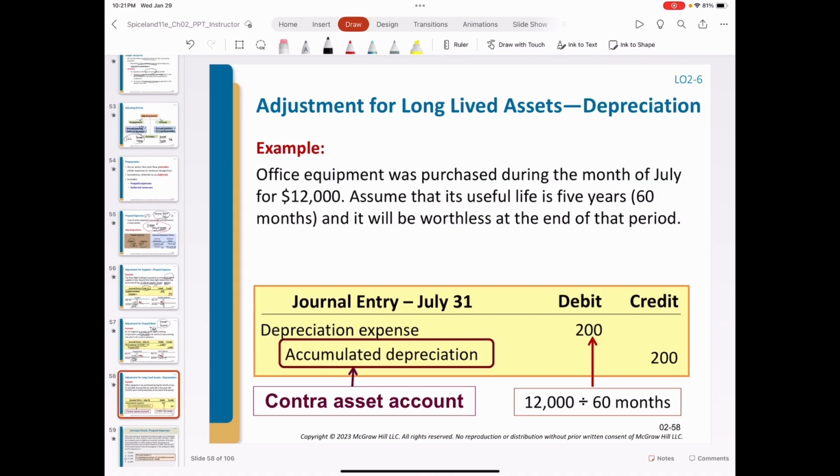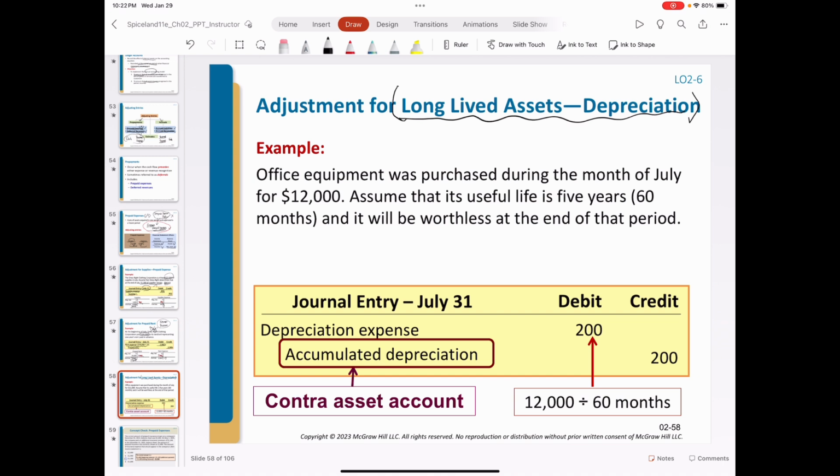Another example of prepaid expense is long life assets. The company invests in long life assets which can be used for multiple accounting periods, years, even decades. So the value of these assets is subject to depreciation. Usually a long life asset has a big value. We do not recognize a big expense when it is purchased.